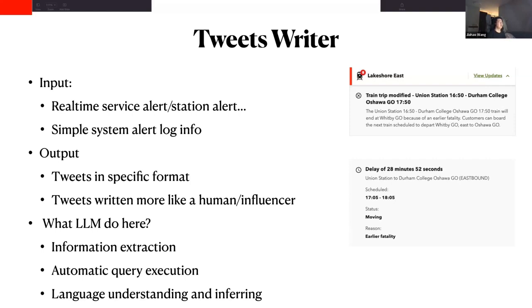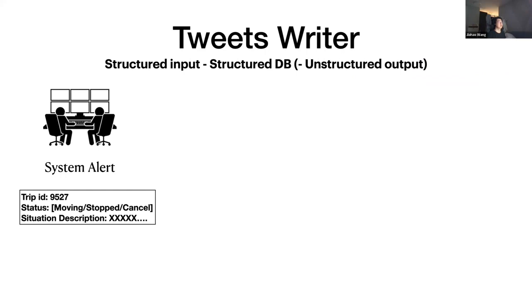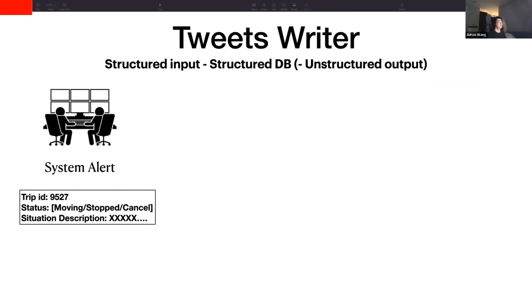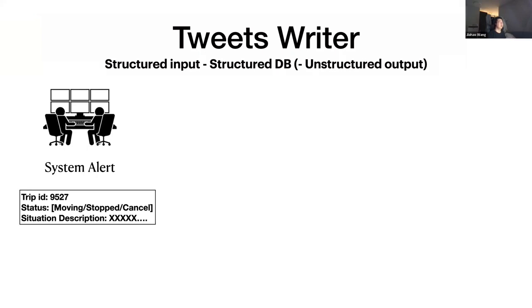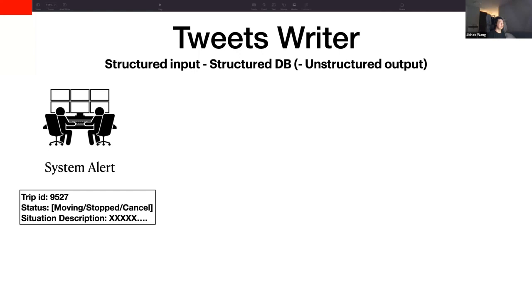For the output, the Twist Writer will give you tweets in a specific format, and you can also ask it to generate them more like a human or an influencer on Twitter. Let's take a look at a simple example. After a system alert has been generated, there's only the trip ID, the status of that vehicle, and some situation descriptions.